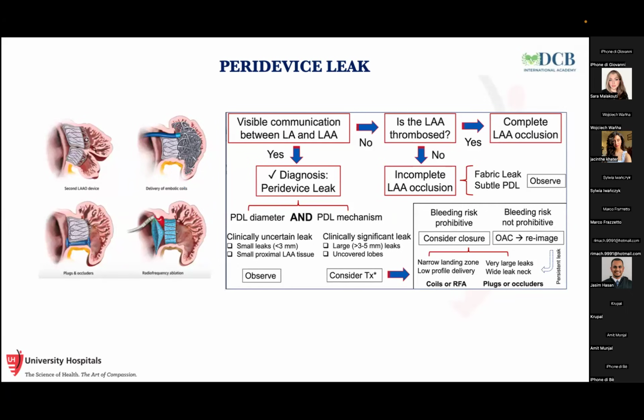How to deal with the peri-device leak? In general, with dangerous peri-device leaks, the most important thing is how to detect them. So, which is the best way to diagnose and also to measure it? Now it's CT scan or echo surveillance. We are sure that now the CT scan is better. For sure there is more sensitivity with CT scan to measure the leak.